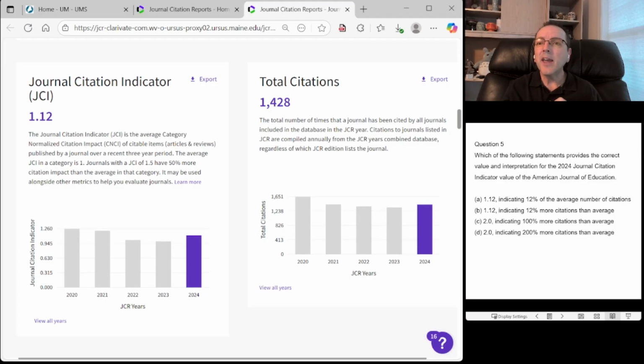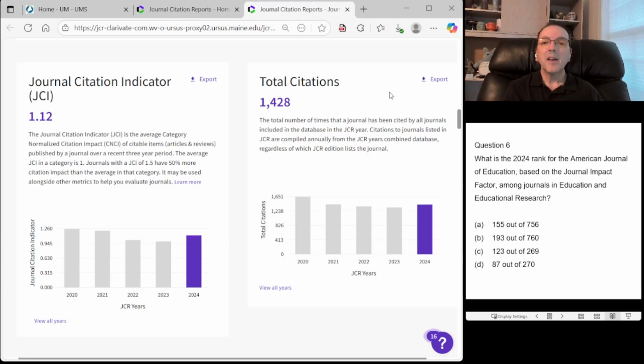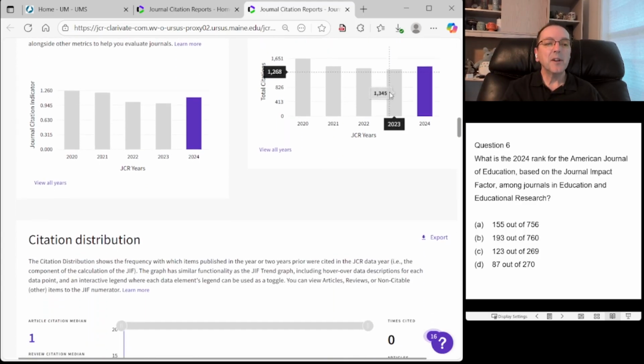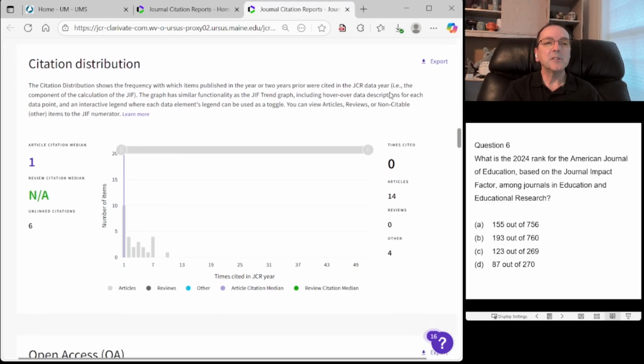B is indicating 12% more citations than average. That's the one. Just like remember, 1.5 is 50% more. 1.12 is 12% more citations than the average. So our correct answer is B. Now let's keep scrolling down and you can see, here's the citation distribution.